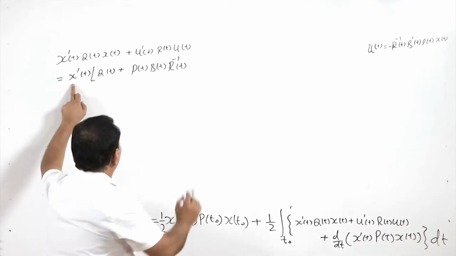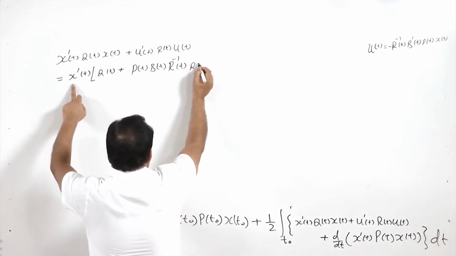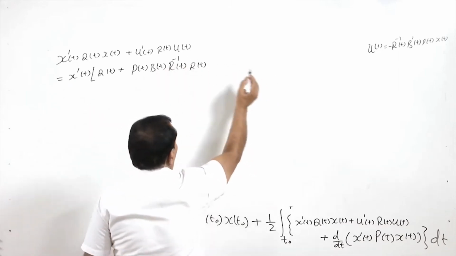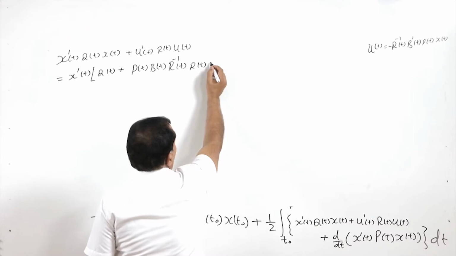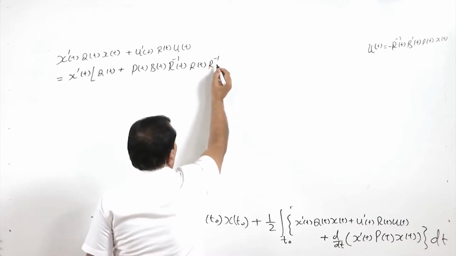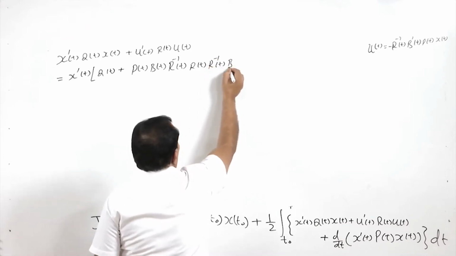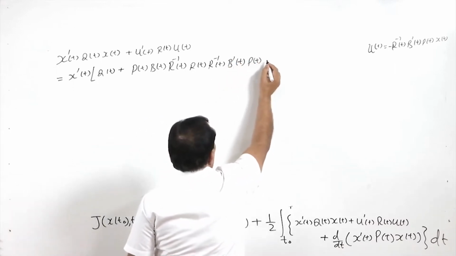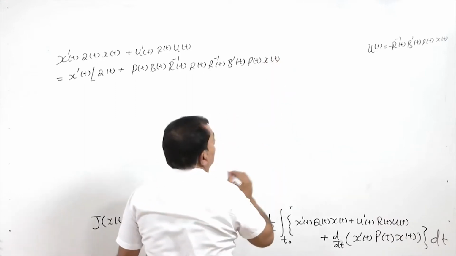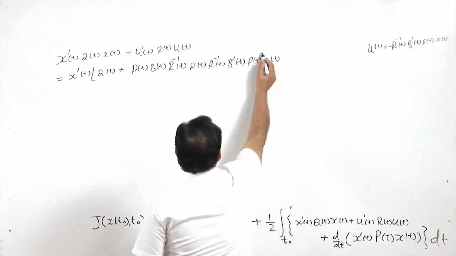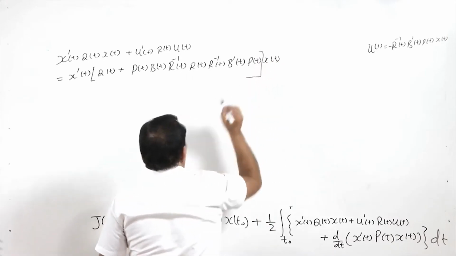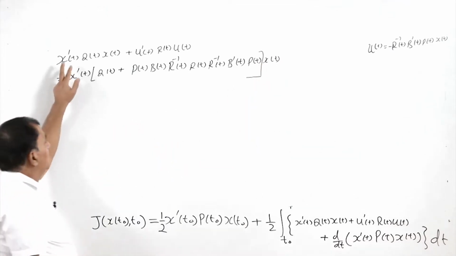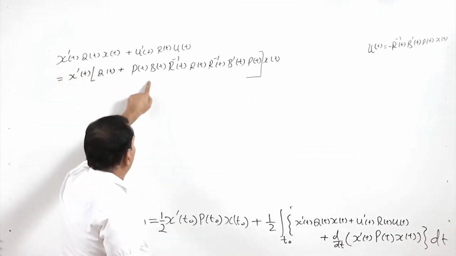X we have taken on this side, this R(t), then u(t), again directly I will write this: R inverse B transpose P(t), and this I will write within this bracket.